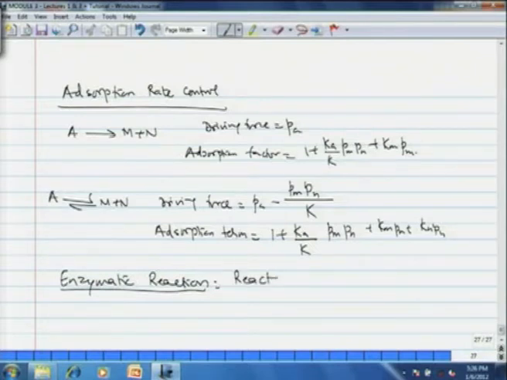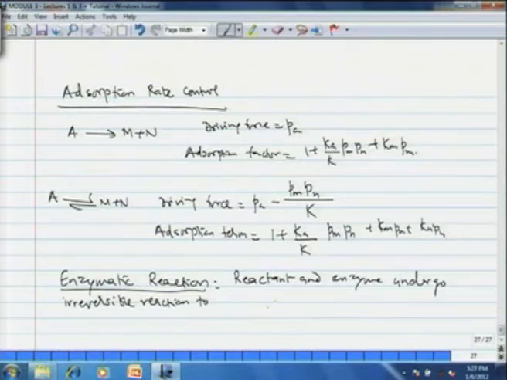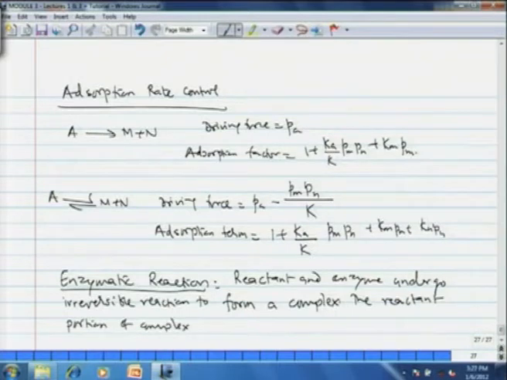In an enzymatic reaction, a reactant and enzyme undergo an irreversible process to form a complex, and the reactant portion of the complex breaks down to form product, and the enzyme is regenerated.